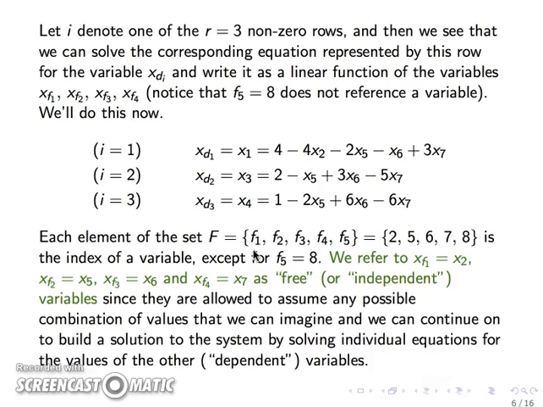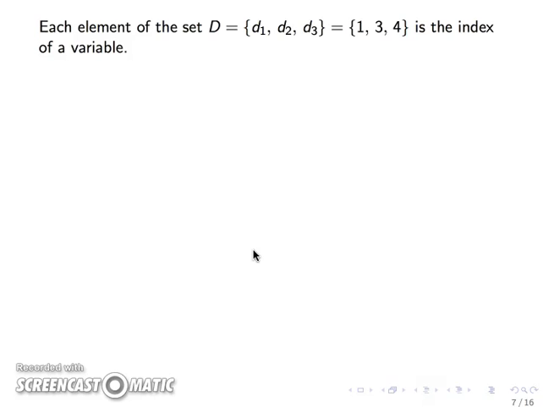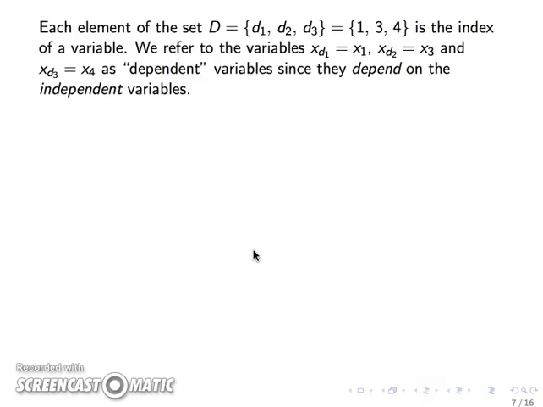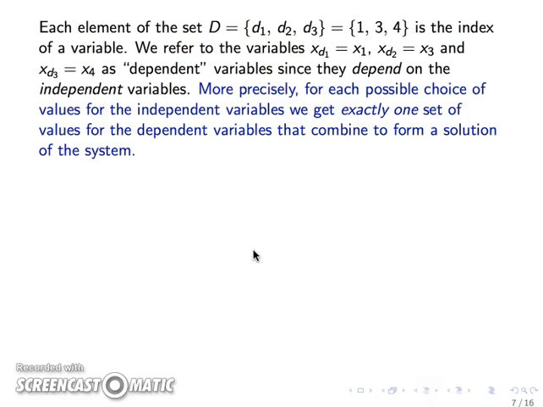The free variables are allowed to assume any possible combination of values that they can take, and these free variables are used in the definition of the dependent variables. So we refer to those in this example, x1, x3, and x4, as the dependent variables. They depend on the free variables.